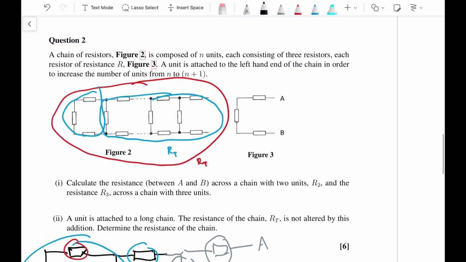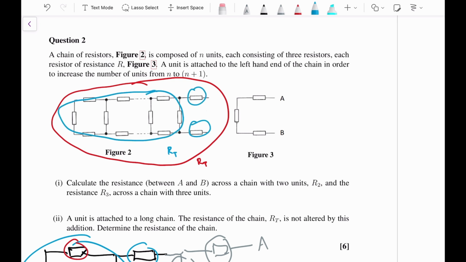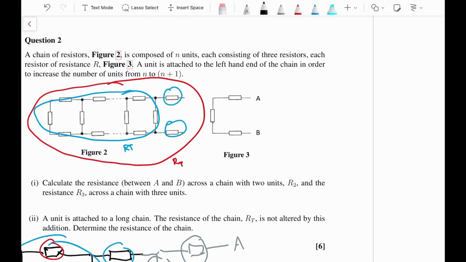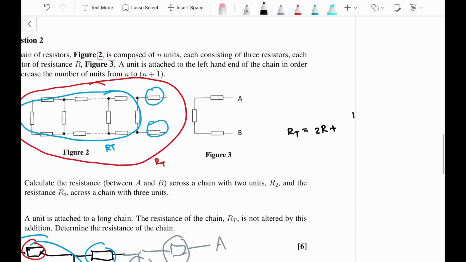So we can look at it this way. We can break it into this part, and this part. Yeah, and then this part has a resistance of RT. Okay, so RT will be equal to 2R plus 1 over, 1 over R plus 1 over RT.